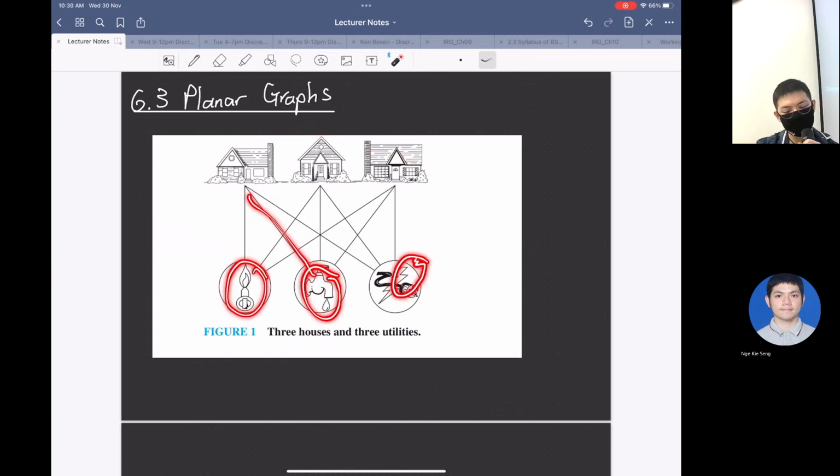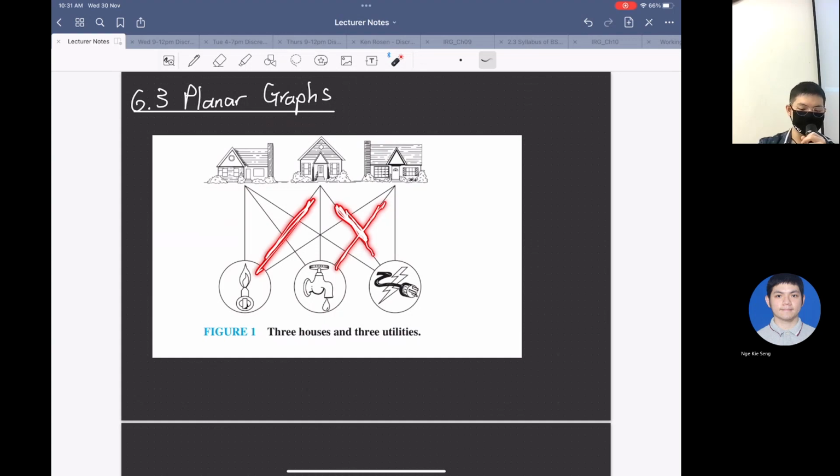You want to build cable or pipe to your houses. So is there a way to avoid the intersection of pipe and cable? We don't want the pipe to intersect with the cable, right?